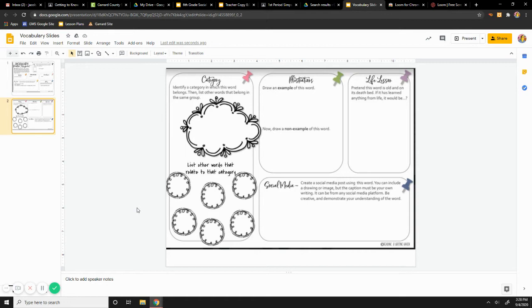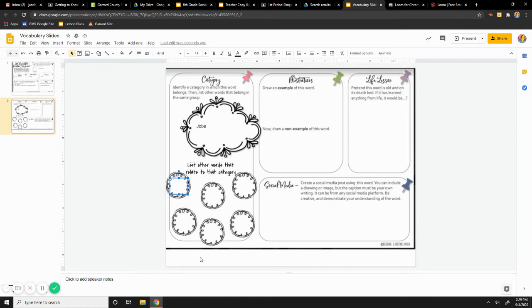So first, you're going to think, what is a category that this word would fall into? So for category, I would put jobs. And you may need to change the text boxes to fit.